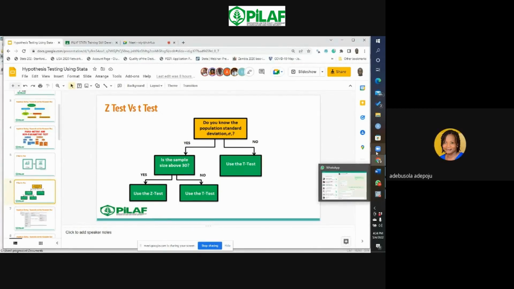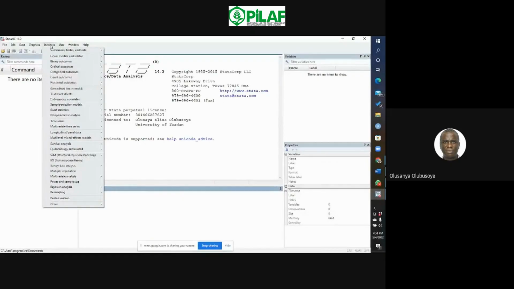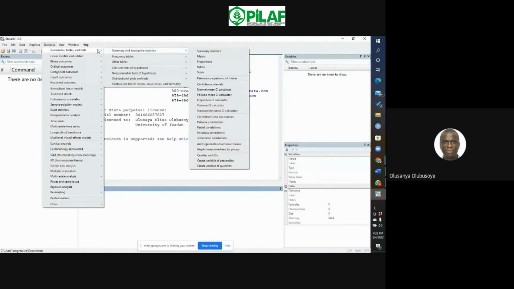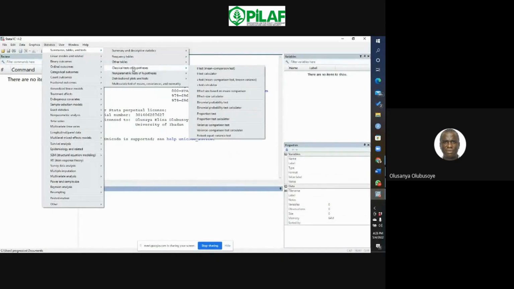Yes, sir. So let's now move. Here we have the starter window, and if you have your own, you will simply move to the statistics menu, and you will scroll down the first line there. You could also scroll to where you have the second window, and where you have the classical test of hypothesis.